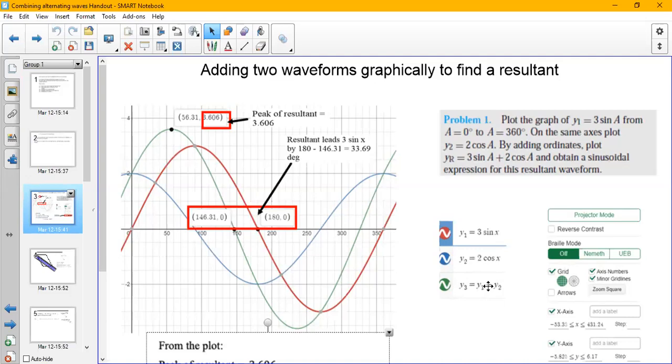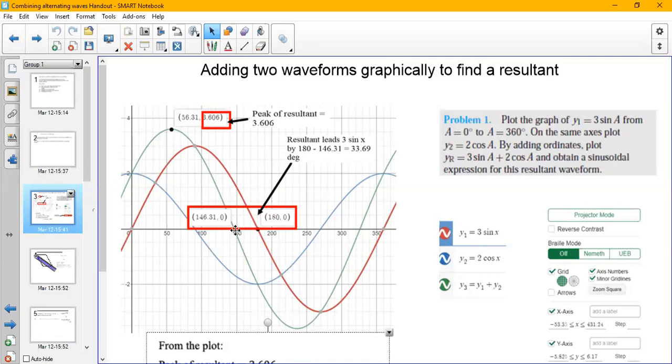This black point here is the peak of the resultant waveform, which is green, and the y-axis value is going to be the peak. So 3.606 is the peak of the resultant waveform. To get the phase angle, we're looking at the green waveform, the resultant, relative to the one that crosses at 0, the red one.